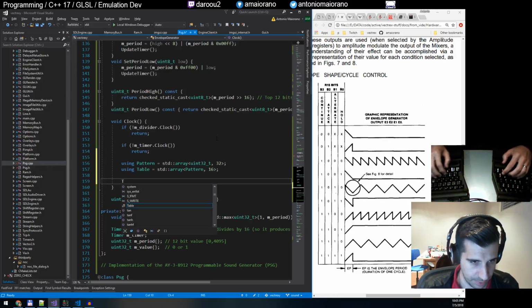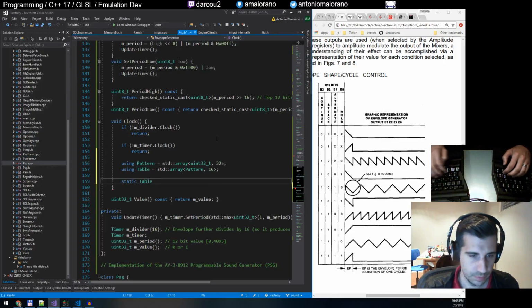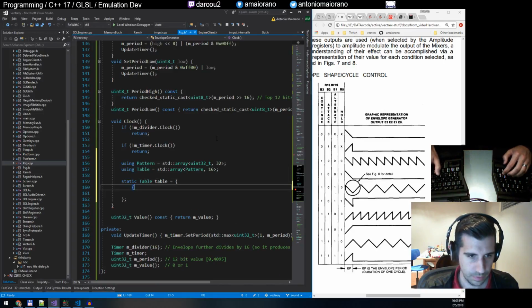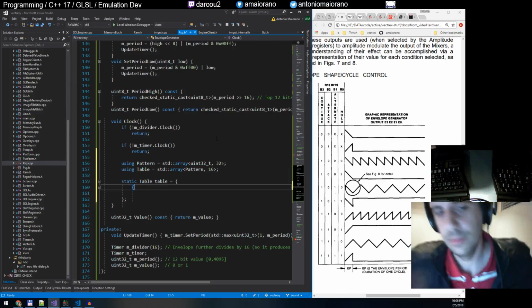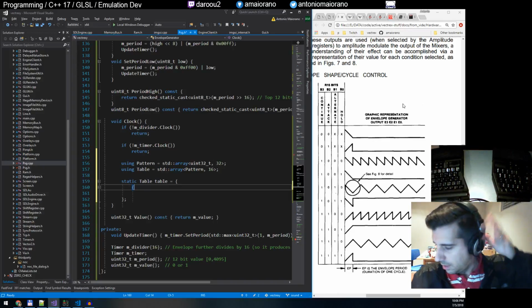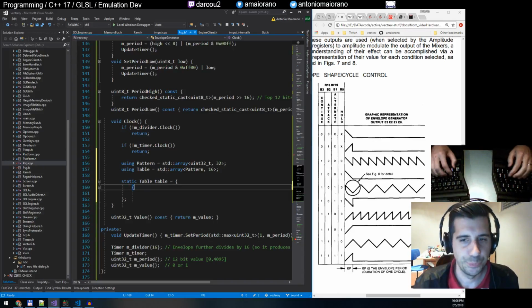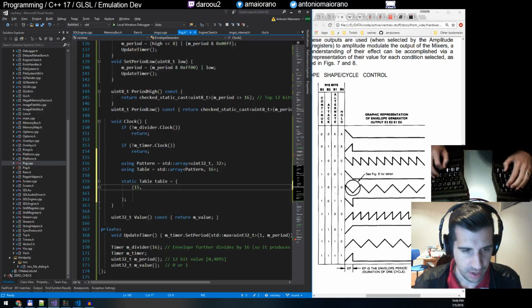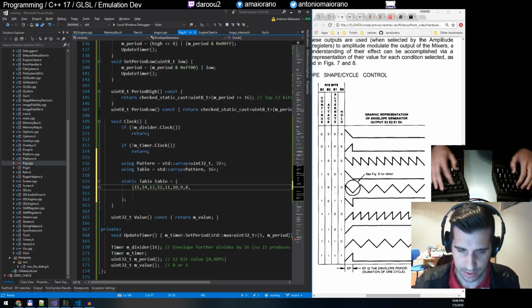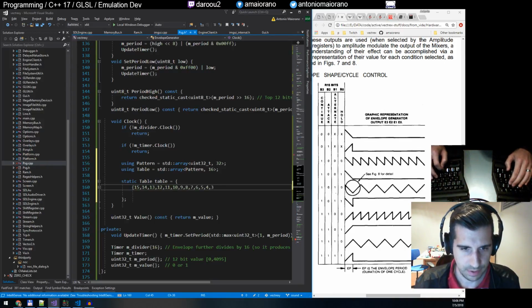Let me see if I can do this. Table. So for the top entry, it's going to be basically 15, 13, 12, 11, down to zero.